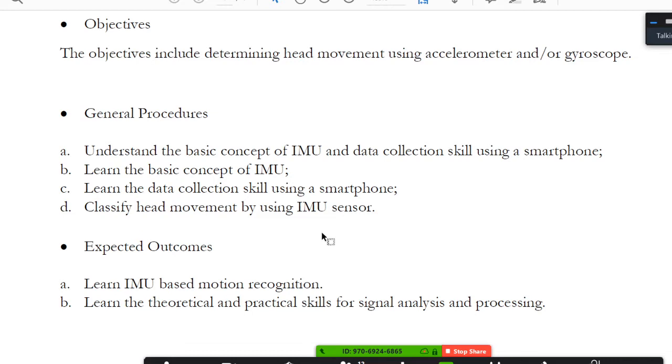For this part, the gravity is very useful. You do not need to remove the gravity, because the gravity gives you an indication of the gravity direction, and then you know your tilt angle. Sometimes they call this the pitch.